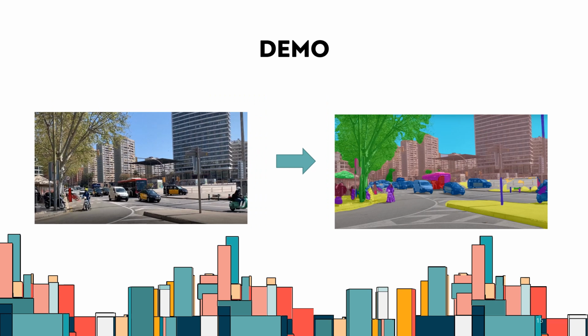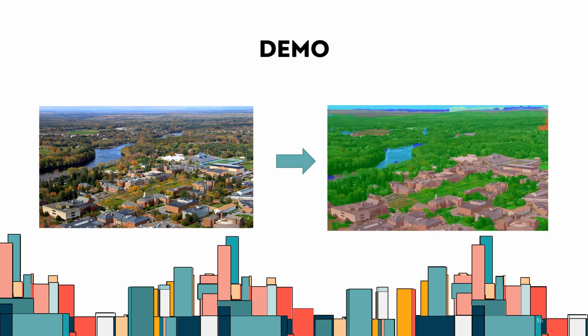This demo is a busy street scene, and it captures various bikes, buses, cars, trees, and sidewalks successfully. This is an aerial shot of the UMaine campus, and it's successful in highlighting all the buildings, some sky, the water, and all the trees as well.